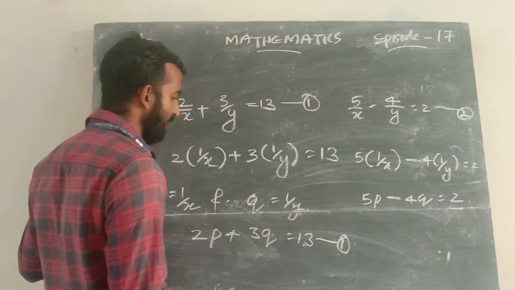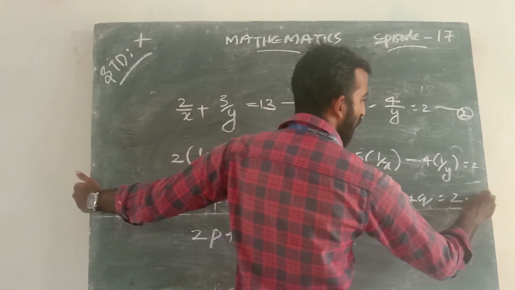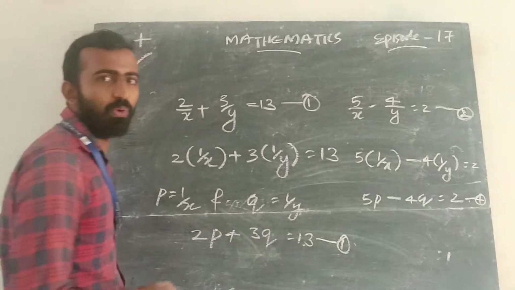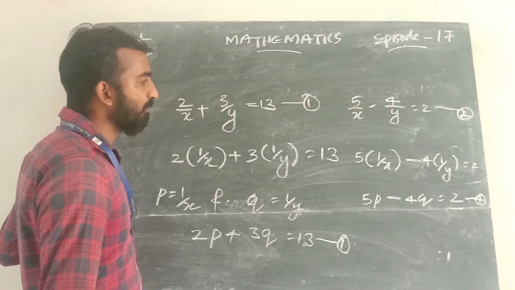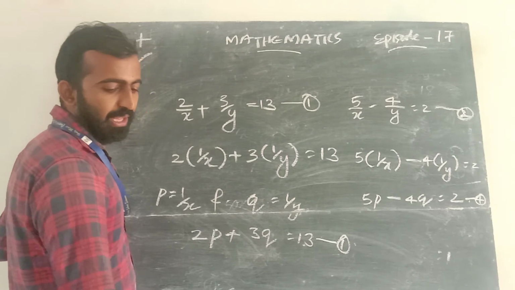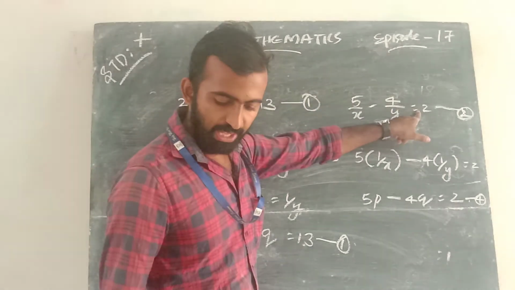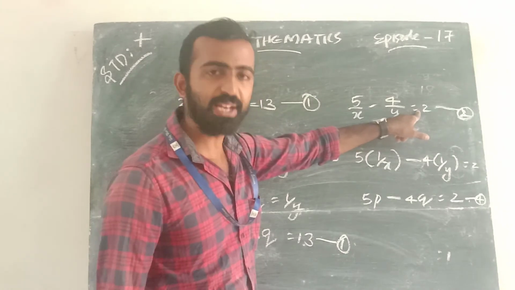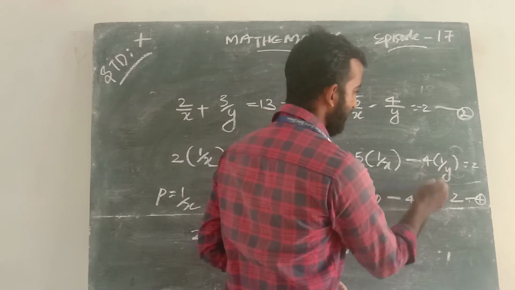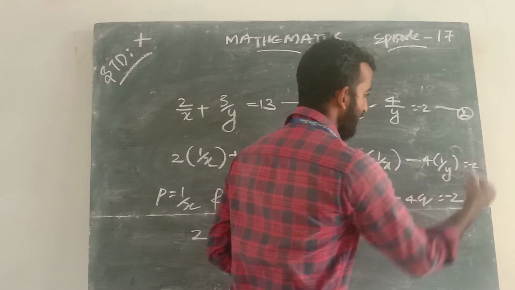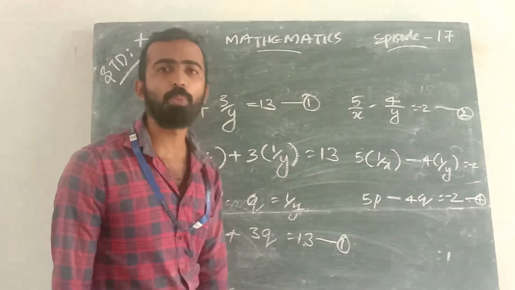That is equation number 4. There is a small mistake: in the question it is not 2, it is minus 2. So we write 5p minus 4q equal to minus 2. Equation number 4.